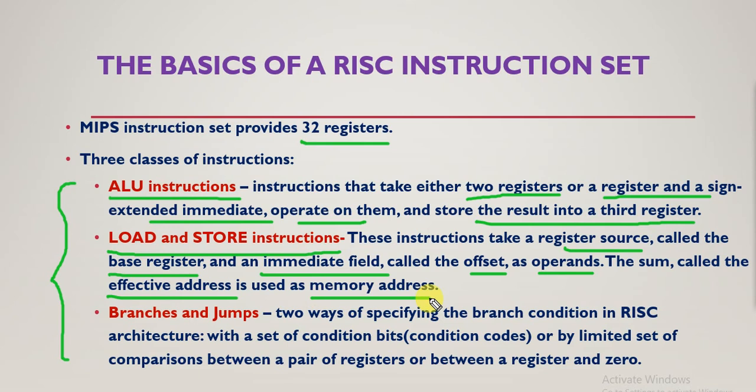So for load and store also we refer to a register to get the base address, and it is added with the offset to find the exact memory address where the data is present or where the data is to be stored.